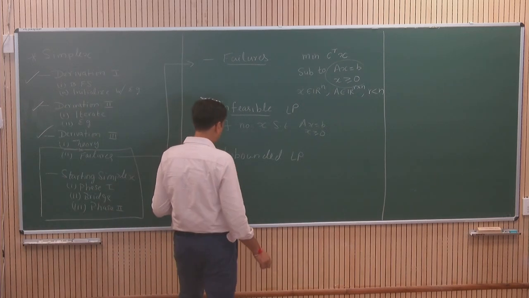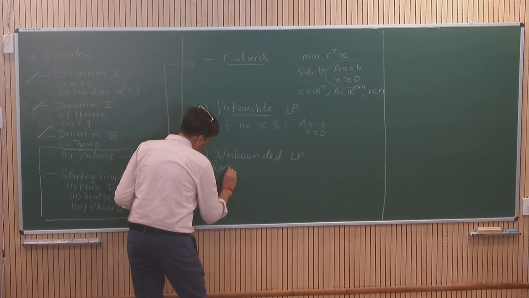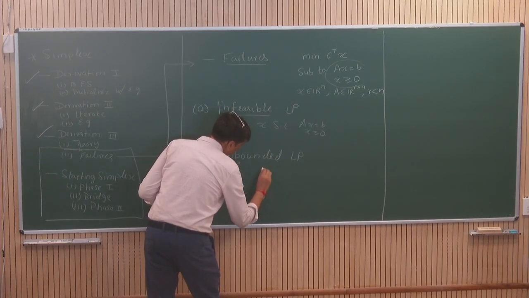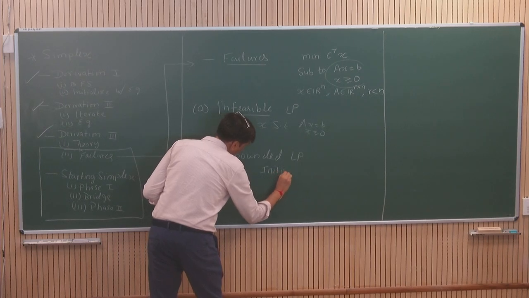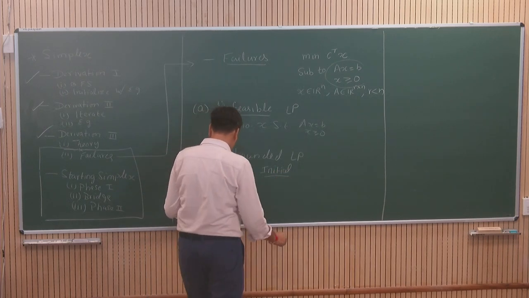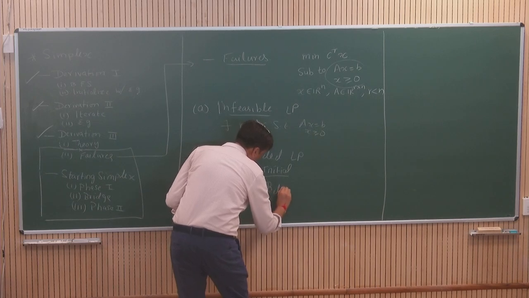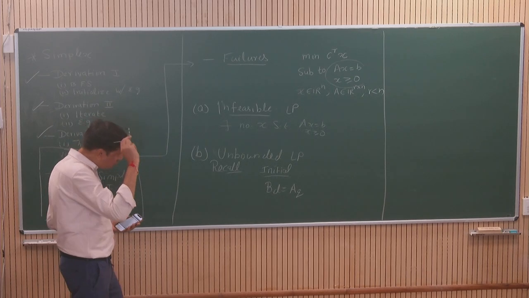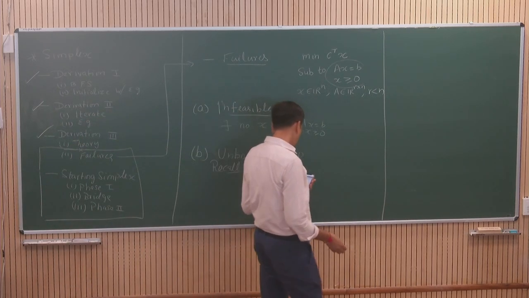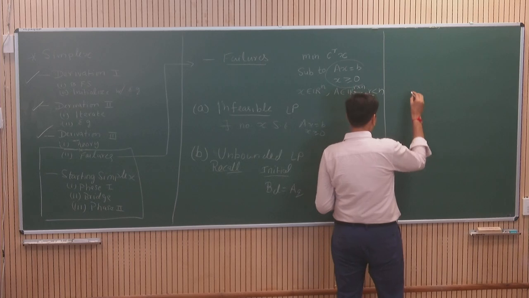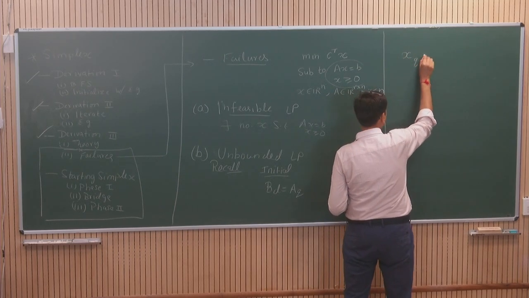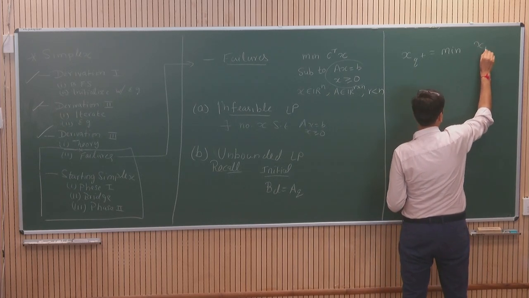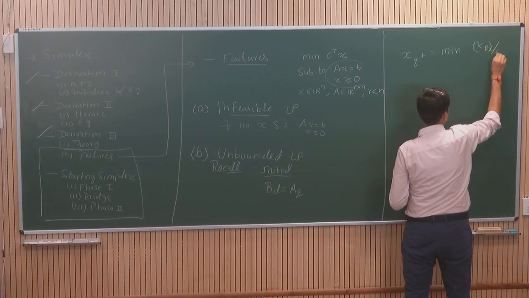So if you recall the algorithm, there was an initialization step, and then what you were doing was solving for Bd equal to Aq, where q was the column, or the element in the N set, which you have picked. Then you were saying xq plus is equal to the minimum of xbi divided by di.